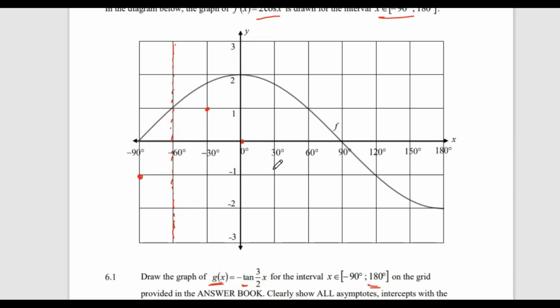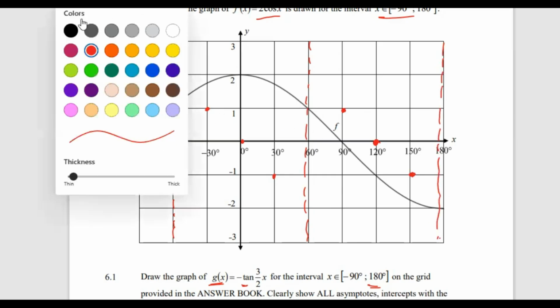Then 30 is negative 1. 60, it's an error. Then 90 is a 1, positive. 120 is a 0. 150 is a negative 1. And then 180 is an error, which means it's an asymptote.